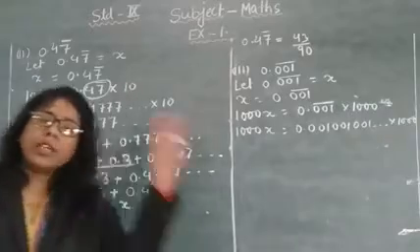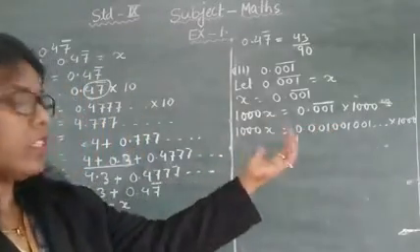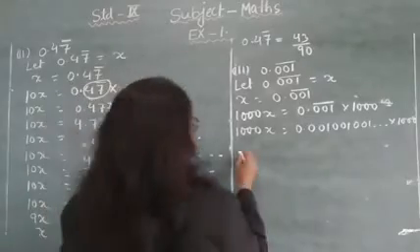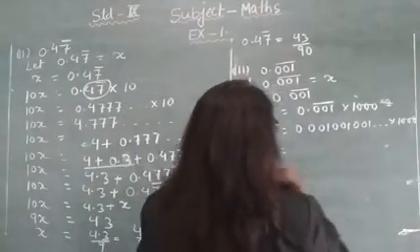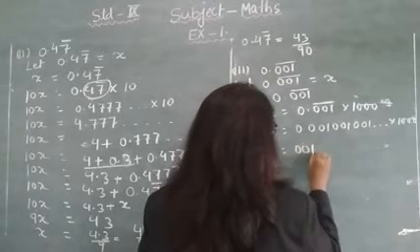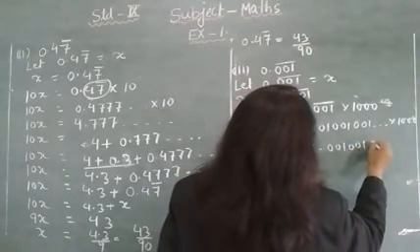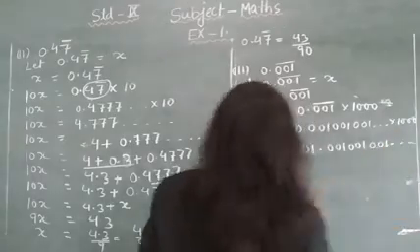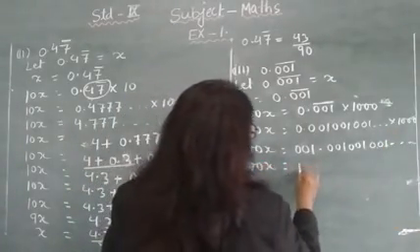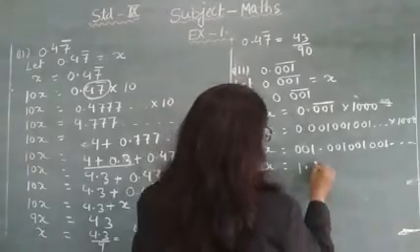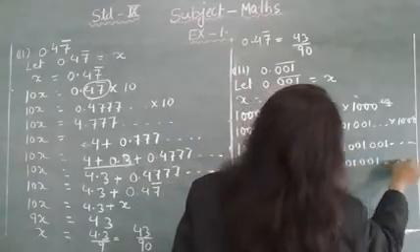Now you can shift 3 places to the left because it is multiplied by 1000. So 1000x is equal to 1.001, like that.